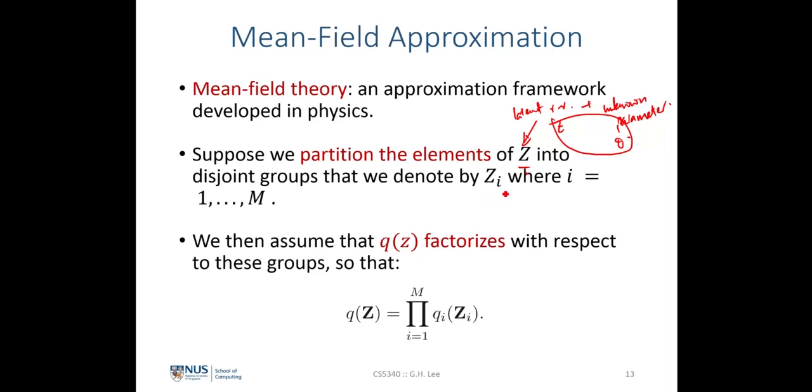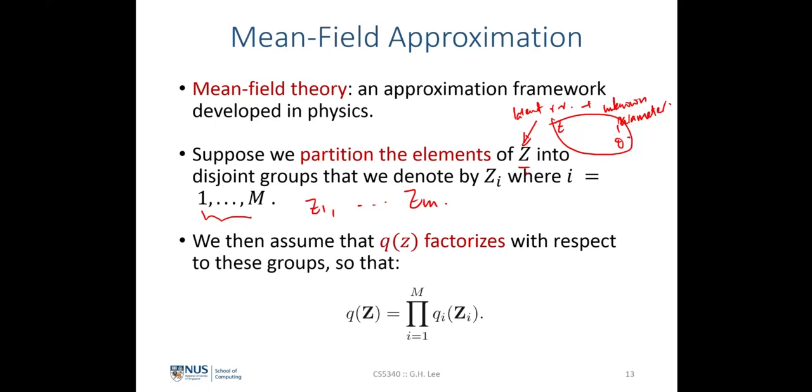What it means is that we are going to partition z into a set of disjoint groups, z1 all the way to zm here, where each one of these is disjoint, and each one of these sets contains a subset of both the latent random variables as well as the unknown parameters in our graphical model.